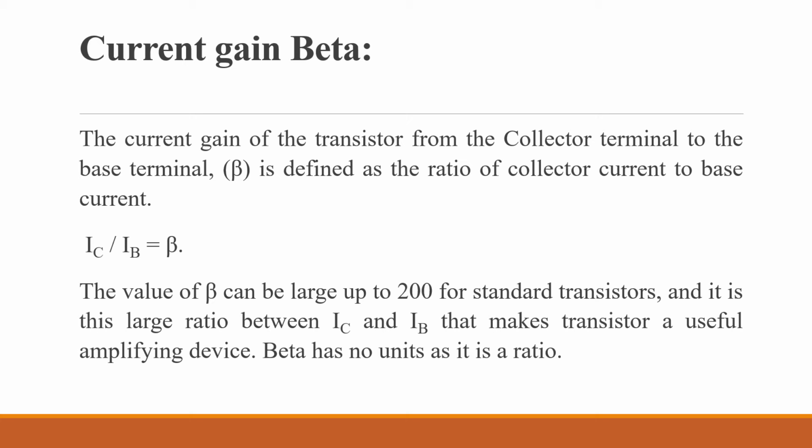The value of beta can be large, up to 200 for standard transistors, and it is this large ratio between IC and IB that makes the transistor a useful amplifying device. Beta has no units as it is a ratio.